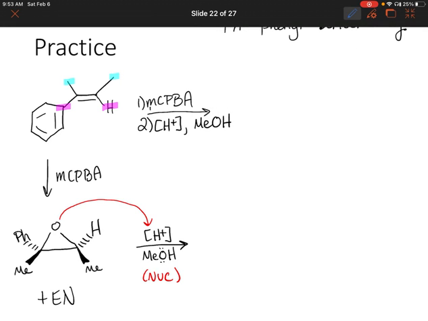So let's look at the left-hand carbon. Is that primary, secondary, or tertiary? Tertiary, because that carbon is bonded to 3 other carbons. And then what about the carbon on the right? Is that primary, secondary, or tertiary?